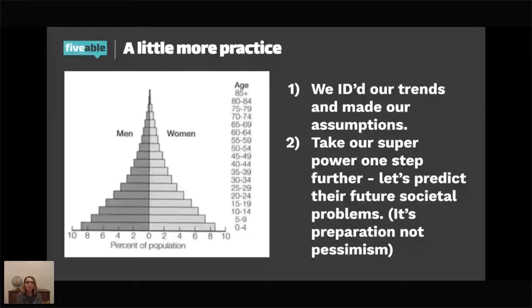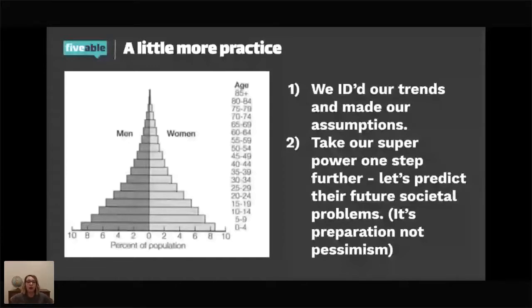Not in a negative way, just this is how demographers use population pyramids so that they can help better provide for future problems, for resources, marketing purposes, all sorts of stuff you can use a pyramid for.